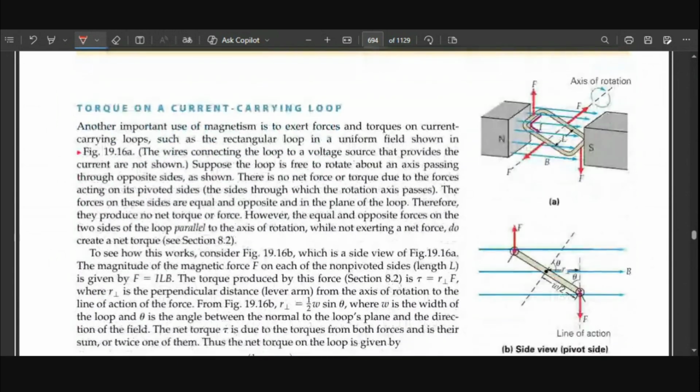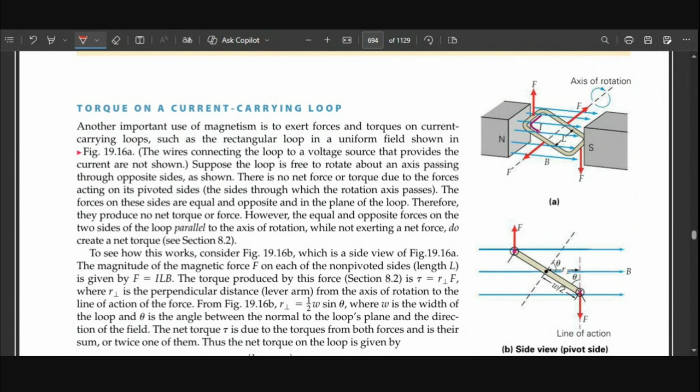Similarly, we understood that if there is a coil with some current passing through it, and we suspend that coil in a uniform magnetic field in such a way that the forces act anti-parallel on the opposite arms of the coil, it will rotate, and that rotation is going to produce torque on it.